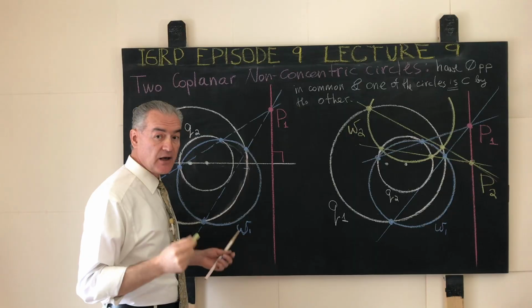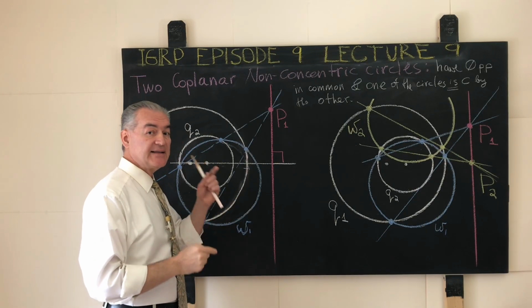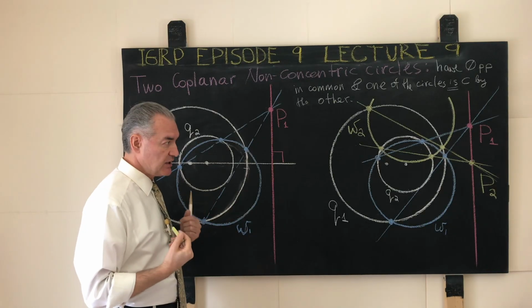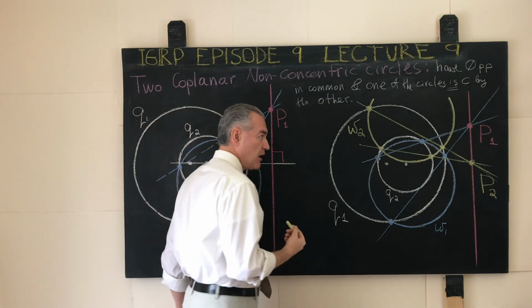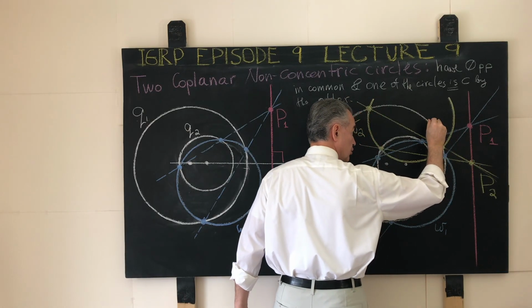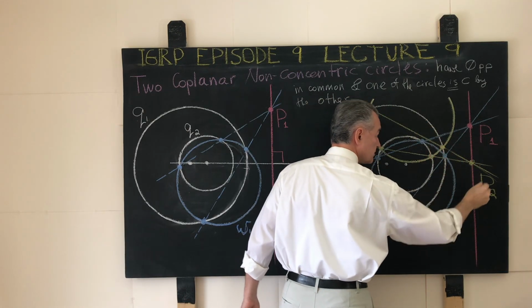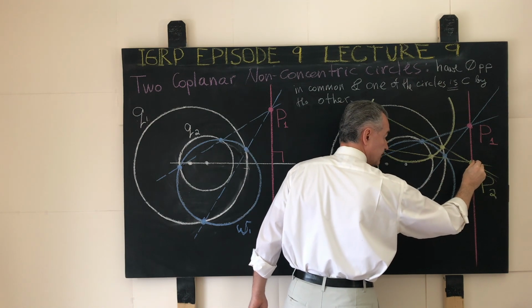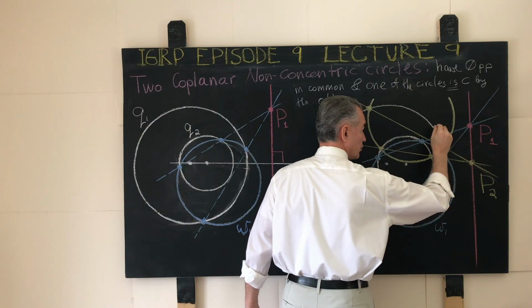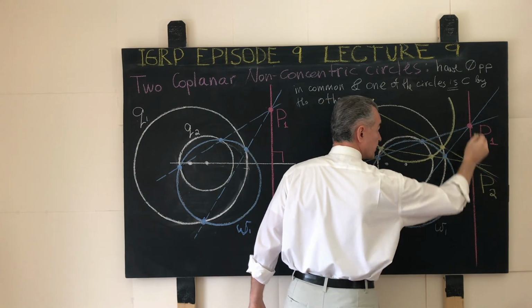And now what do we have? We have two distinct points in the parent plane which satisfy our requirement that the power of this point with respect to both circles Q1 and Q2 is the same, and the point P2 whose power with respect to the circles Q1 and Q2 is also the same.